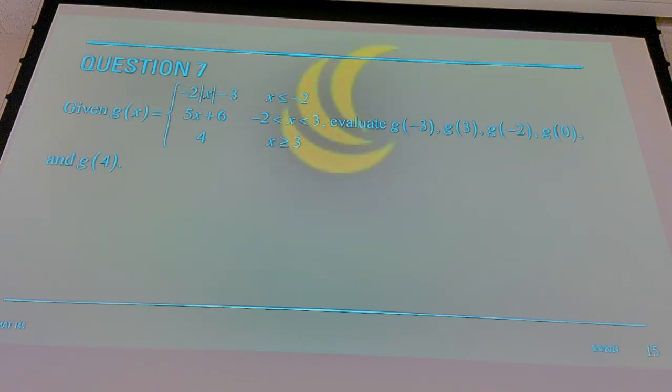So let's start with -3. Is -3 less than or equal to -2? It's less than. So it goes into that first piece.